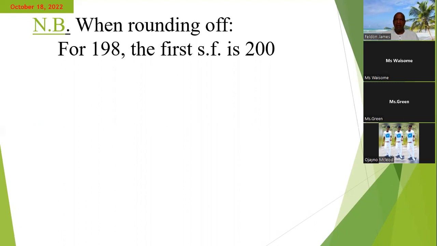What really is the meaningful amount here is $5. So if we have $4.99 and we want to round that off to the first significant figure, what would we get, Miss Waysome?